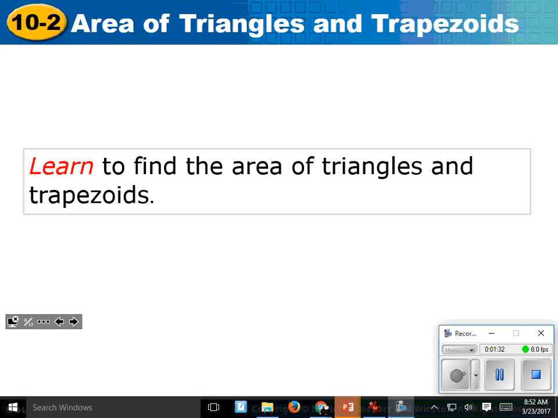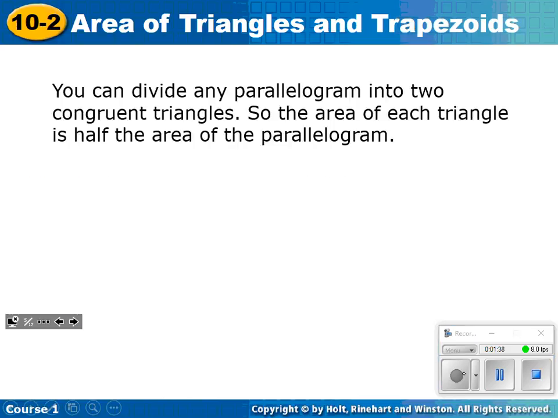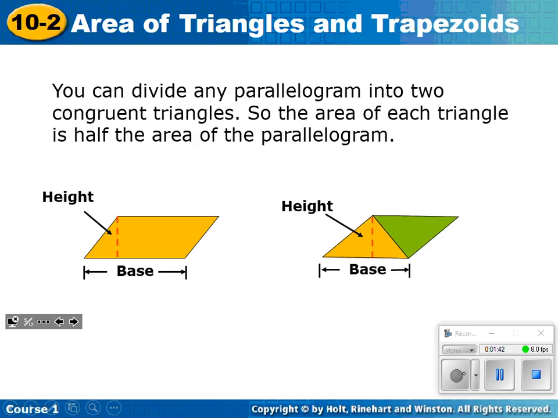It's another formula. You can divide any parallelogram into two congruent triangles. Okay? So any parallelogram, you can basically break them into triangles.